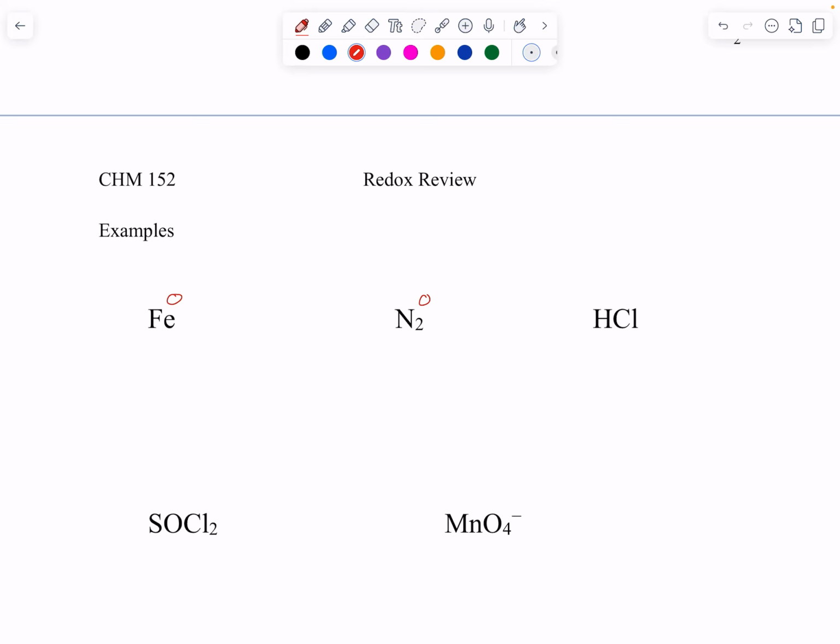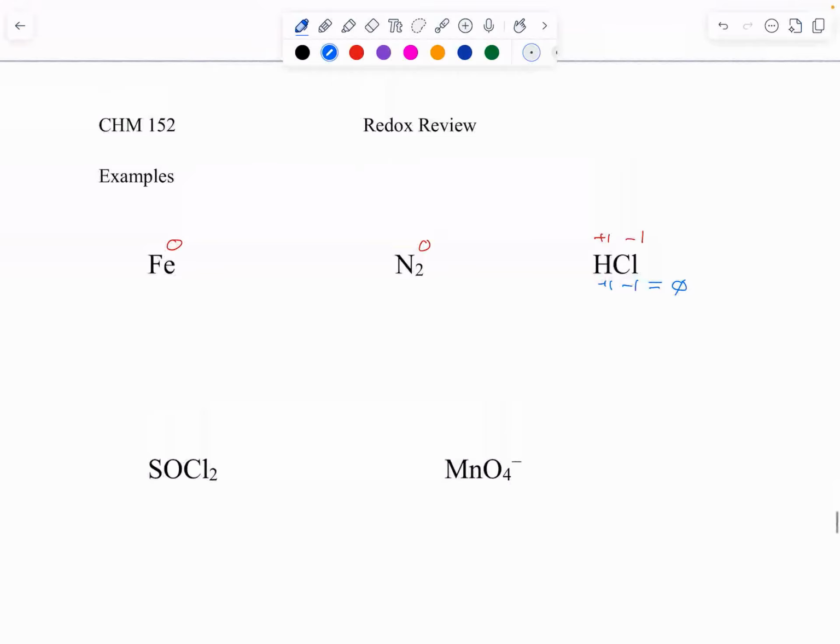Not an element by itself. Monatomic ion? No. So if you go through your rules, we got chlorine and hydrogen. Well, chlorine, it's not paired with oxygen, so chlorine likes to be -1, and hydrogen likes to be +1. Does that work out? Well, because there's no charge, it adds up to 0, -1, +1. It does work out. Let's do another one. SOCl2.